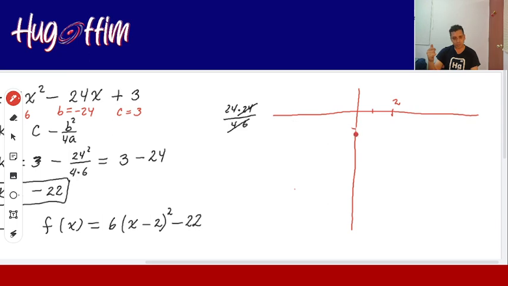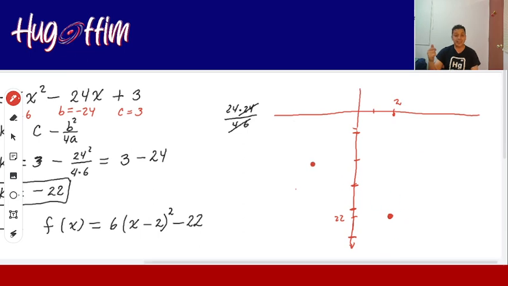So I'm going to use 5, 10, 15, 20, 25, 22. See that here is 22. My vertex is here, 2 and negative 22.